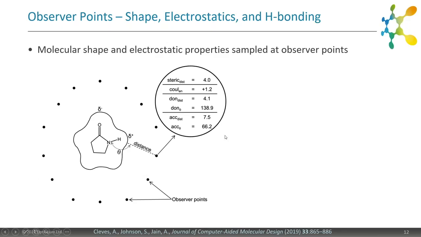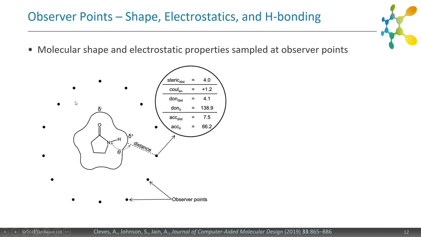So how does this all work? We look at a particular reference ligand and we surround it with observer points. These observer points are brought in close to the ligand, and then the density of those points is lessened to a particular value that we provide.